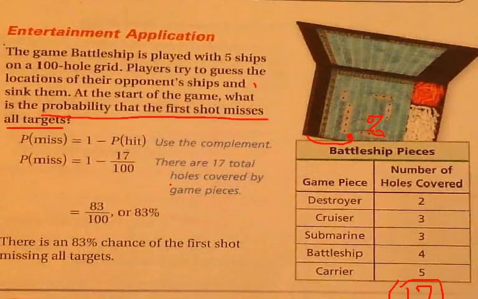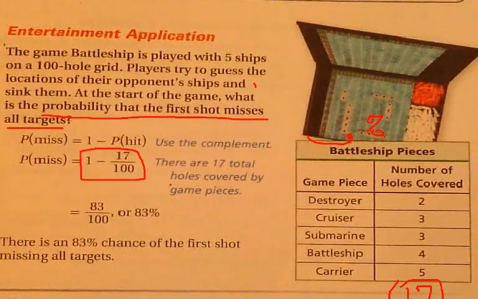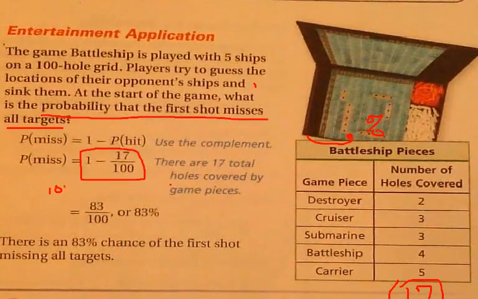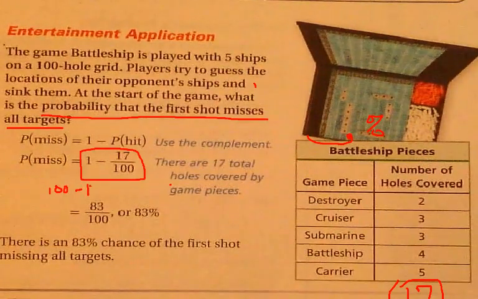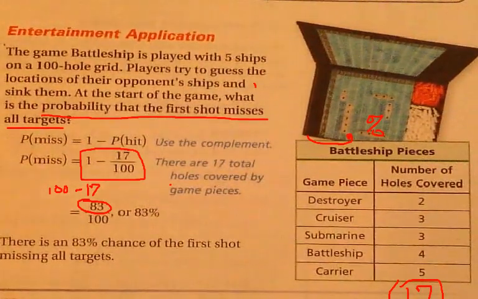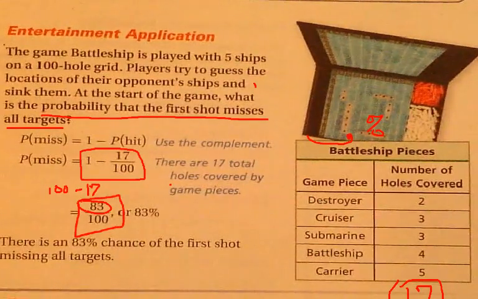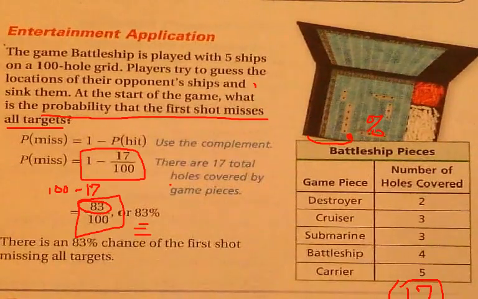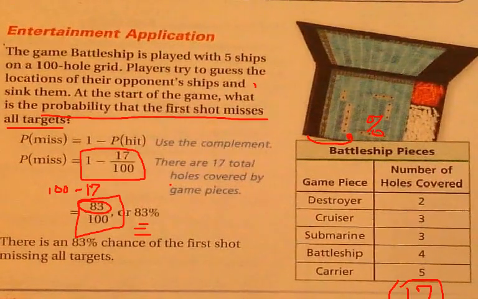But if we take 100 minus 17, that would leave 83 empty spots for the person to shoot at. There's only 17 filled spots. So the probability that the very first shot misses is 83 out of 100, or 83%. That's called a complement.